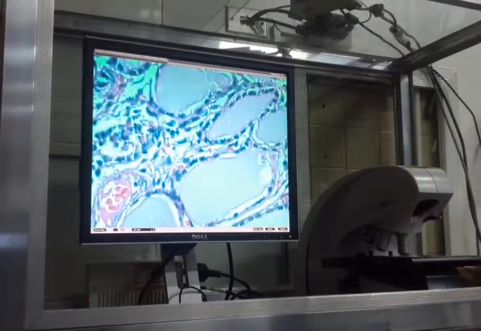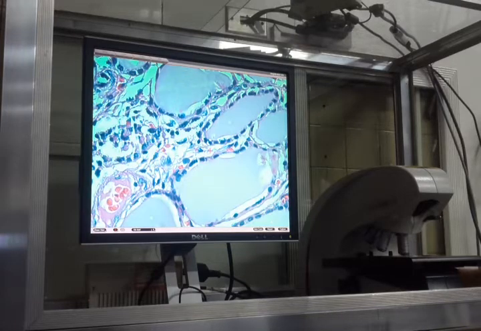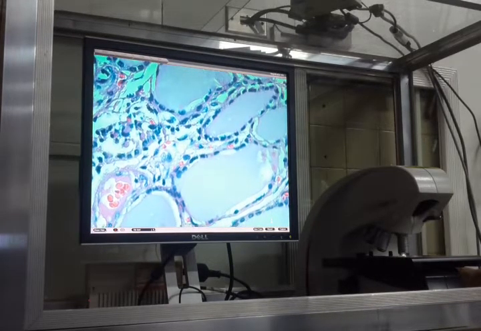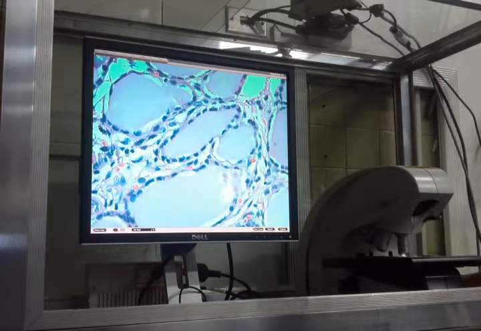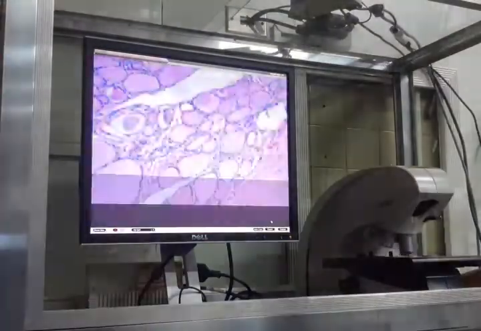Pwede may pyknotic, yung lump, tapos small. Ito, chromatic. Yung isa, yung fish eye nucleus, yung vesicular. Okay, parang balloon, tapos may macronucleolus. Tatandaan niyo yan. These are normal thyroid follicles. Okay? Let's go to the lesion.